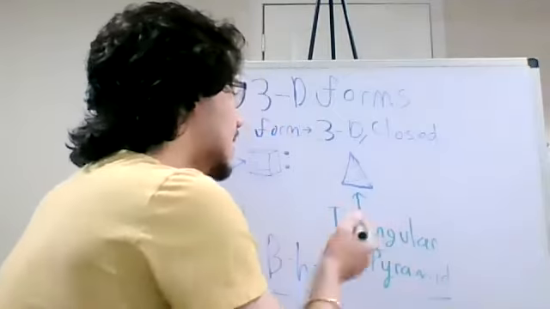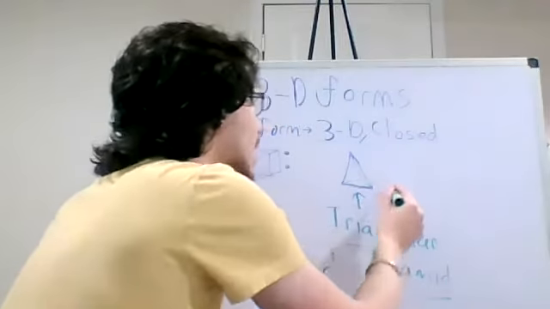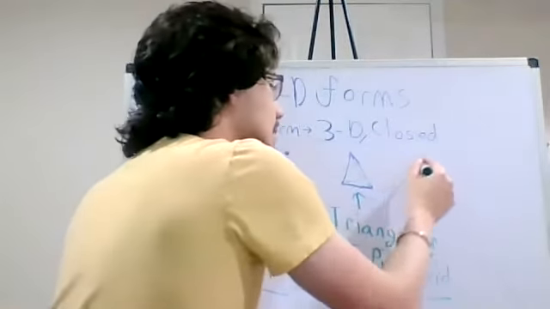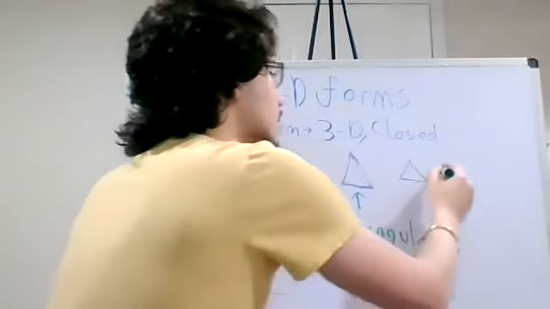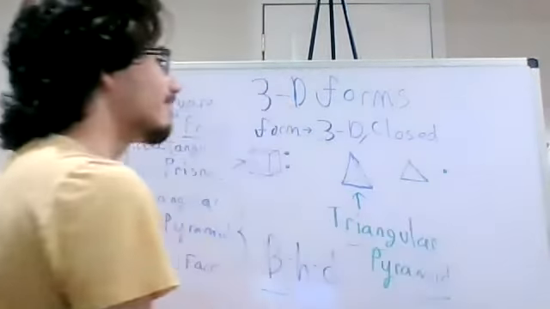But if we see how it works, on the bottom of the pyramid is its base, so it's a triangle in this instance. But if we look on the top, the very top is just a point.